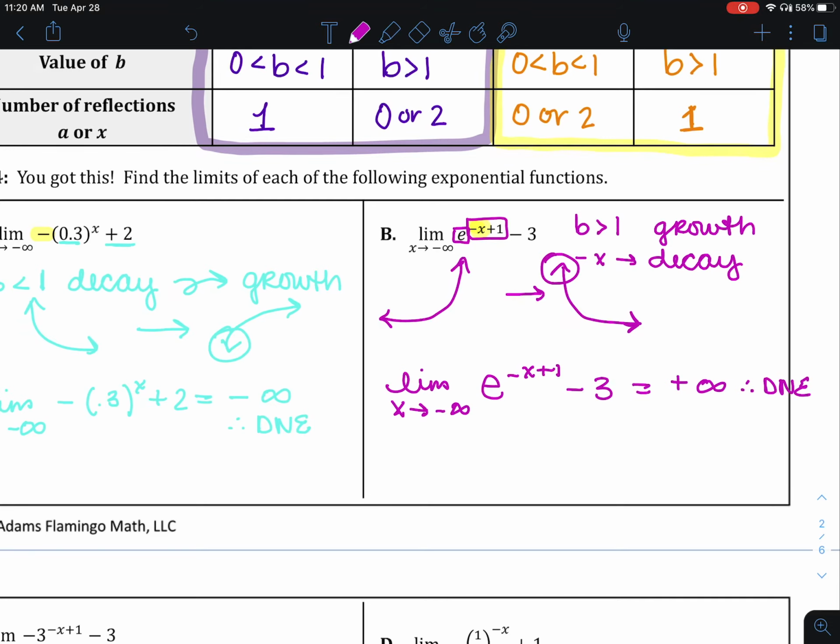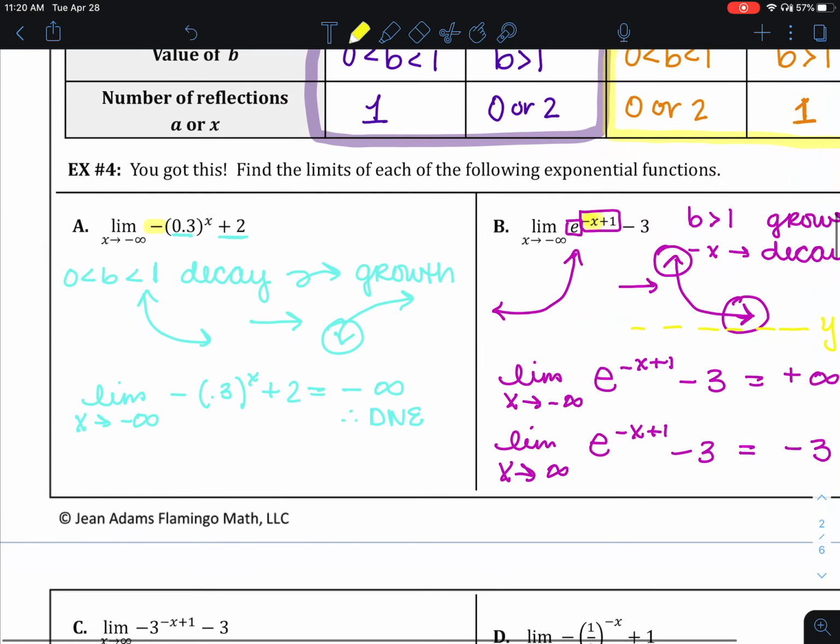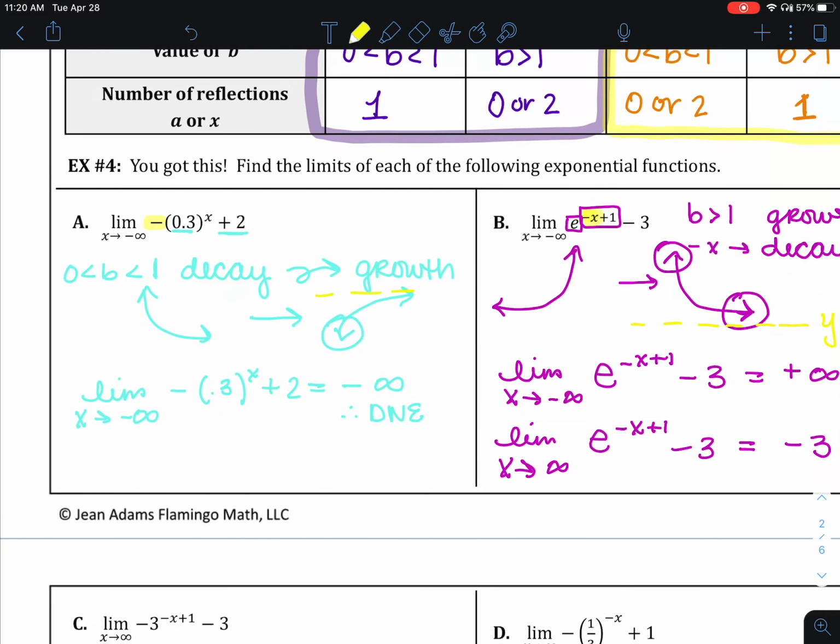And by the way, if we had to evaluate the other limit, let's say it asked for as X approaches positive infinity of this function, we know that it's going to go towards negative 3, that horizontal asymptote. And that's what we know just based on the equation, that this is equal to y equals negative 3. And if I went back here, we would have y equals 2.